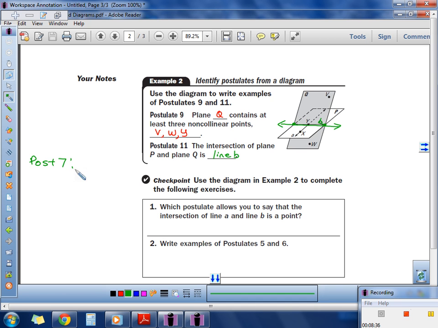So what does that postulate say? 2 lines intersect at exactly one point. Let's see if it matches. Did anybody say anything different? It's perfect. So you shouldn't have anything different. It's exactly what the postulate says.